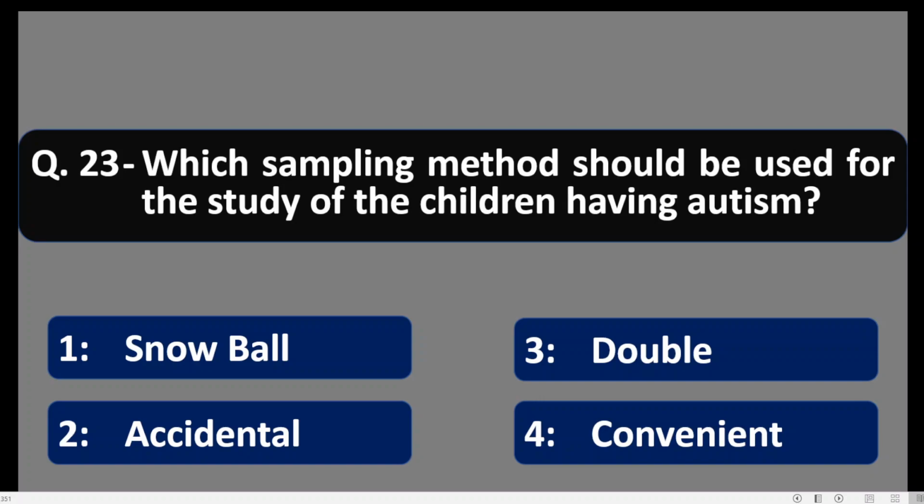After studying these new children, he has to ask the new children and their parents about other such children, and in this way he has to increase his sample size. If the sample is selected in this way, it is called the snowball sampling method. So option number 1 is correct, snowball.